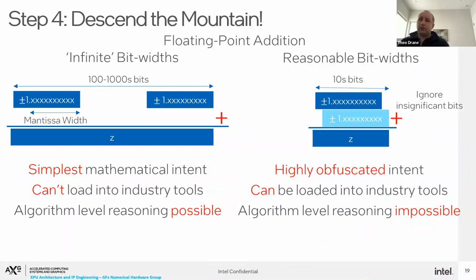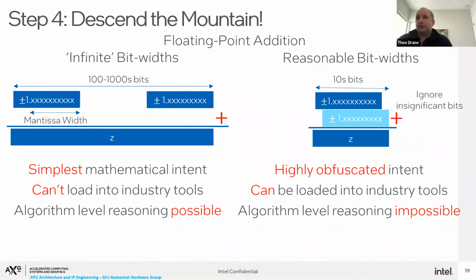So even if you wrote the most simple C model that uses tens of bits, it's still highly obfuscated. It can, of course, be loaded into industry tools. But essentially, once you've done this jump, you don't have any hope of doing algorithm level reasoning, so you wouldn't use this model to do this. You would have to assume the model on the left or something cleaner.